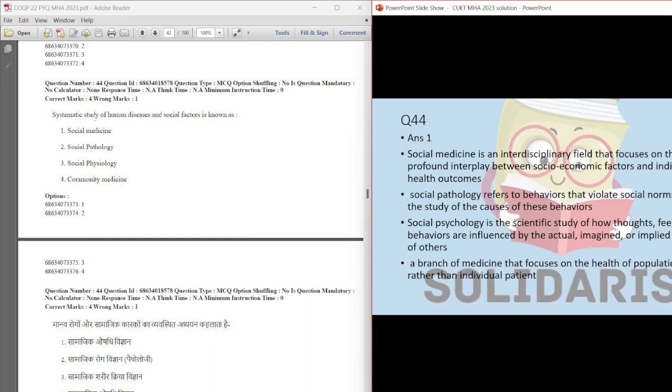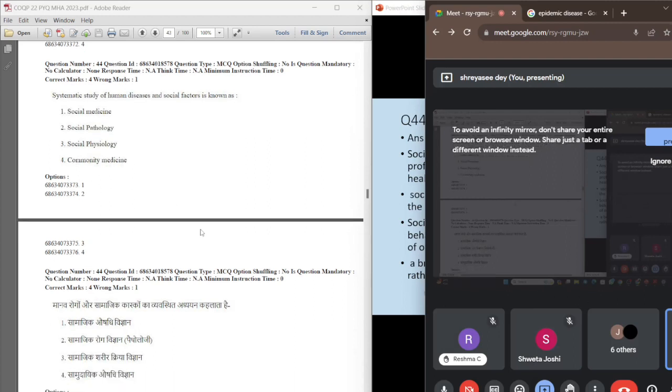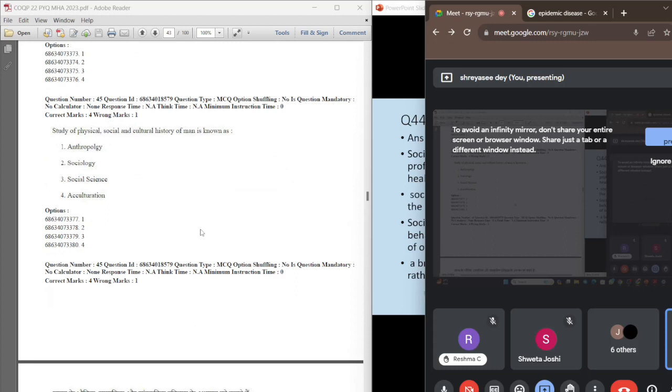But here, the study of human disease and social factors is specifically, see, it is mentioned in the definition also, the profound interplay between socioeconomic factors and individual health outcomes. So it is social medicine. But still I am a little confused. If you guys have any better explanation, please share with me, or in the group also you can share.